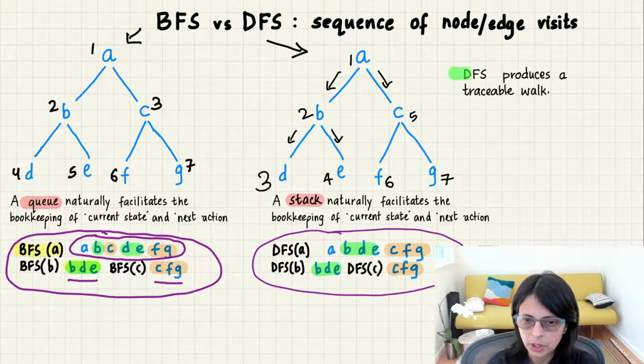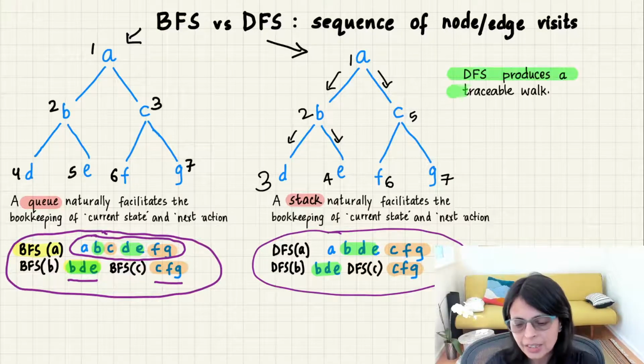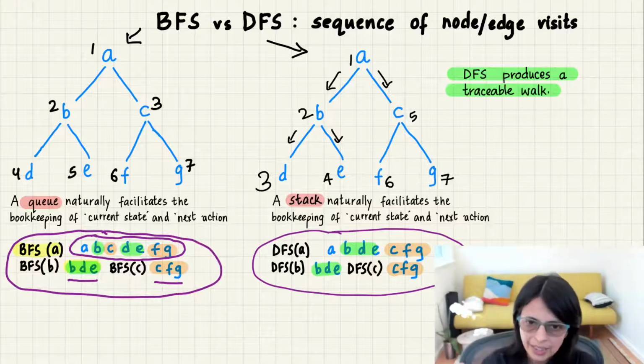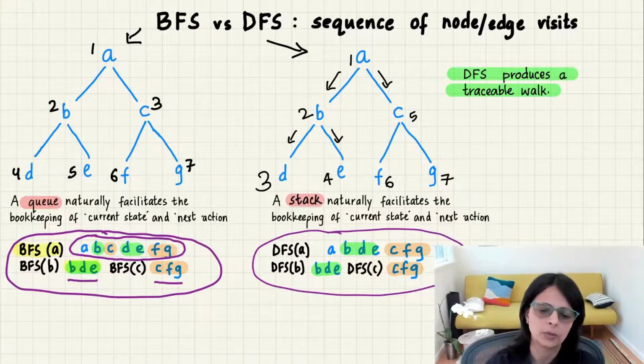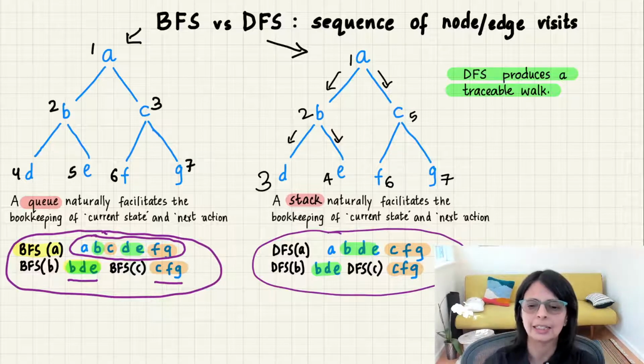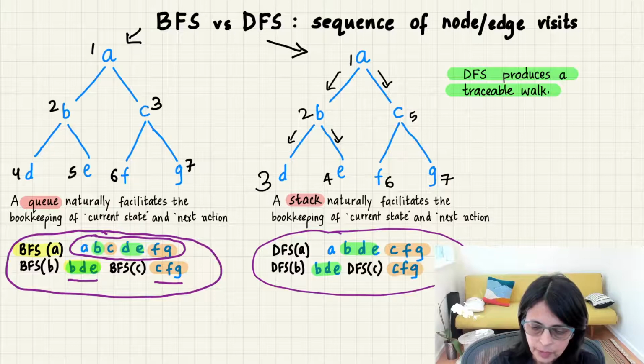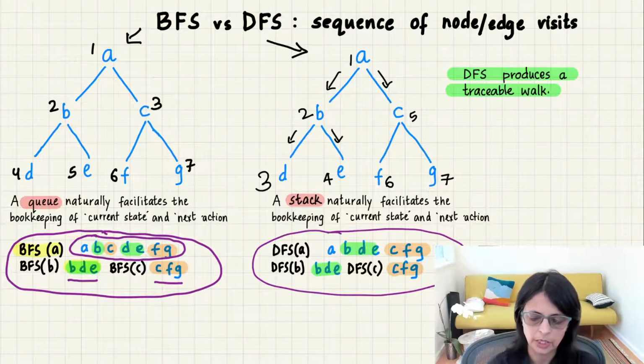Now, the other thing I wanted to point out that's up here is this. Depth first search produces a traceable walk. So if you were tracing the graph as depth first search is unfolding on it, you wouldn't need to lift your hand. So just to demonstrate that very quickly, let's choose a color to do the highlighting.